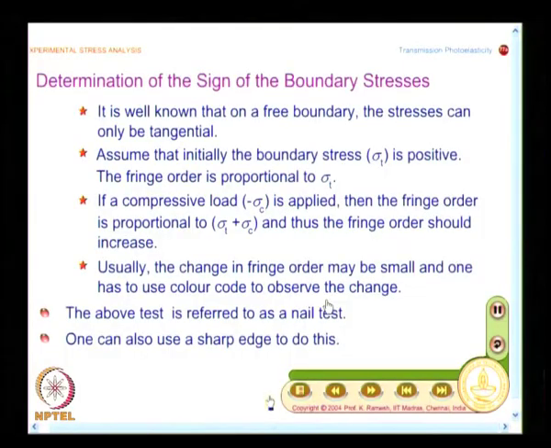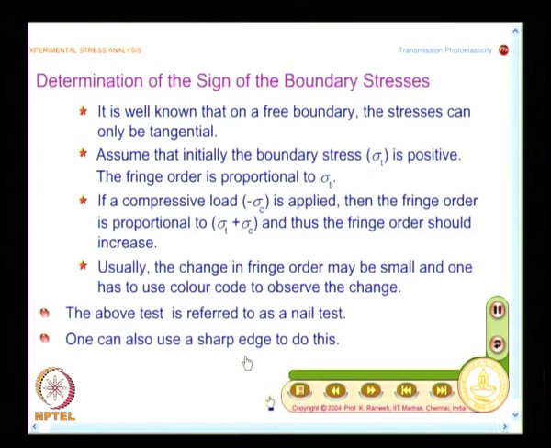That is the best way, because these changes are very small and only a color code can provide you this information. So, from this point of view also, knowledge of the color code really helps. So, what we have seen is, I can do it by a nail test, go and apply the compression, and if I am not able to do it with the nail, use a sharp edge.